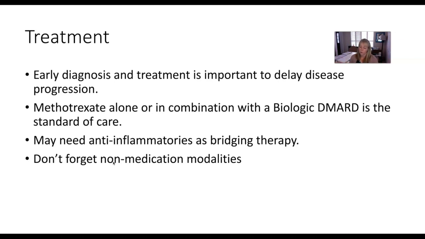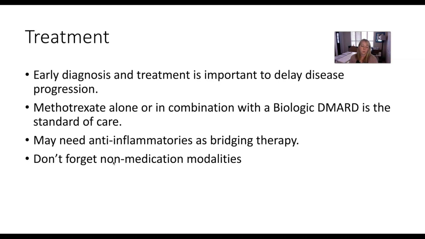Studies show if we treat within 6 months, it can reverse damage and halt or delay the disease progression. How do we treat? Usually methotrexate is the most common, but it is recommended too that we put it with the biologic DMARD, which I'm going to talk about.